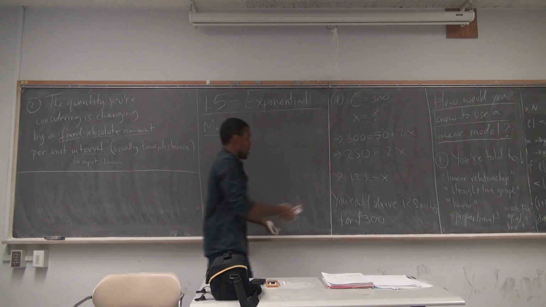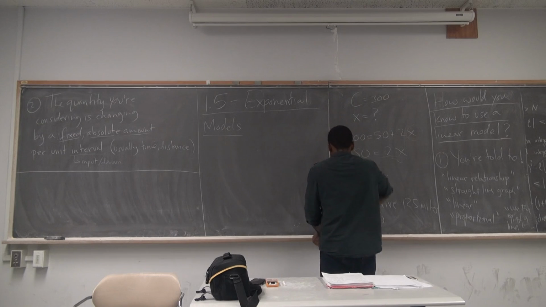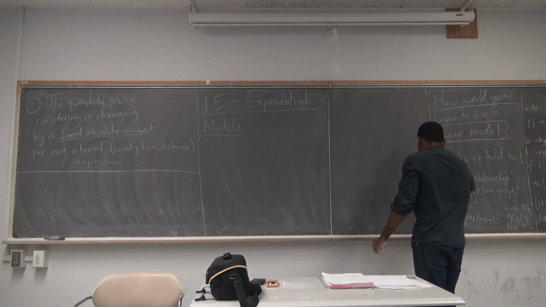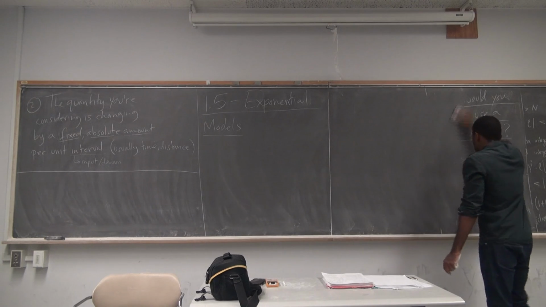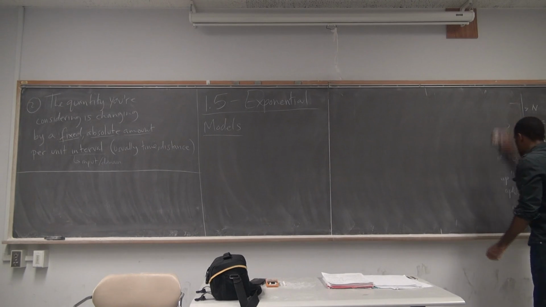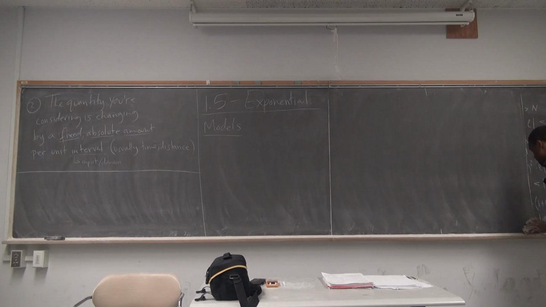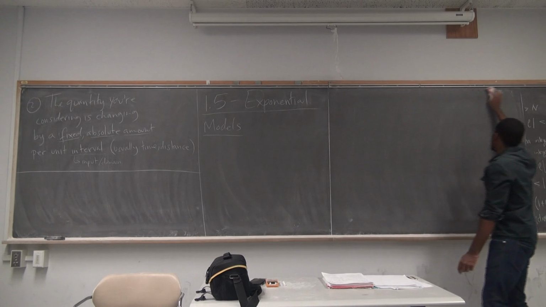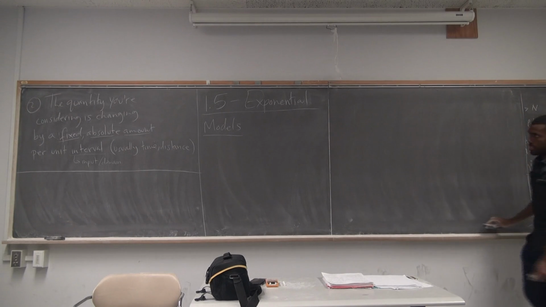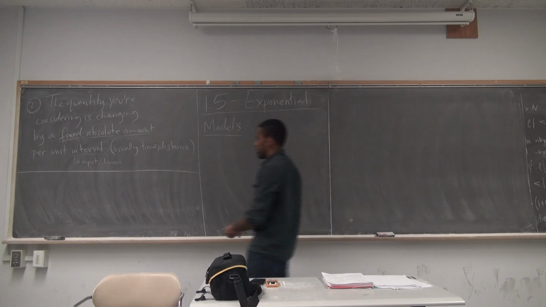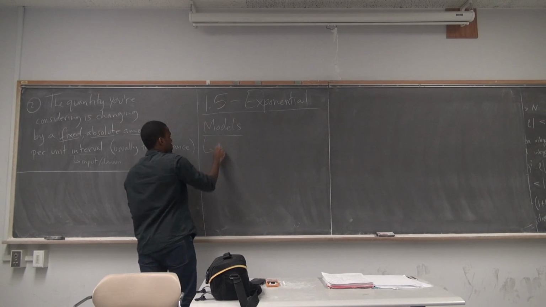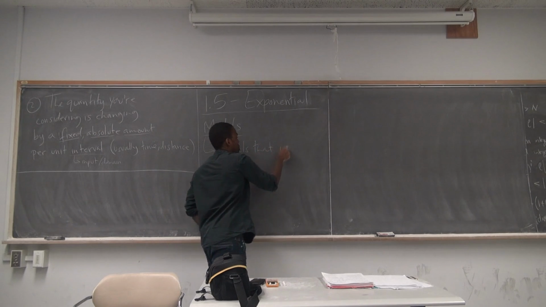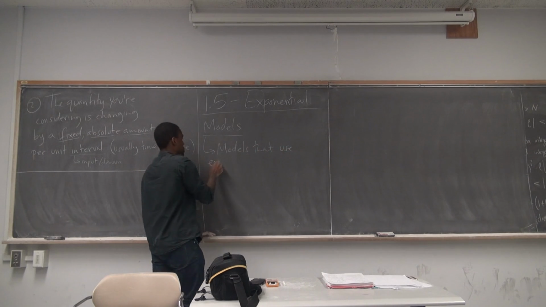Now remember, a model is just a mathematical abstraction of a real world situation, basically using a formula to describe something happening in real life. So linear models means that you can describe the thing that you're looking at by a linear function. An exponential model similarly means you can describe the thing you're looking at with an exponential function. So this just means models that use exponential functions.